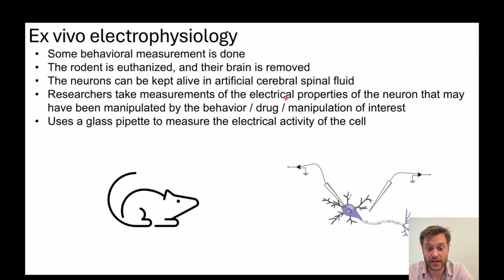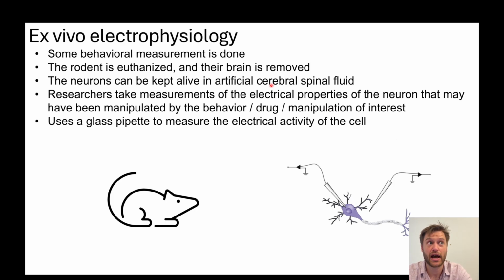The neurons can be kept alive in artificial cerebrospinal fluid. As we talked about in the last lecture for neuroanatomy, the brain is basically surrounded and filled in the ventricular space with cerebrospinal fluid.